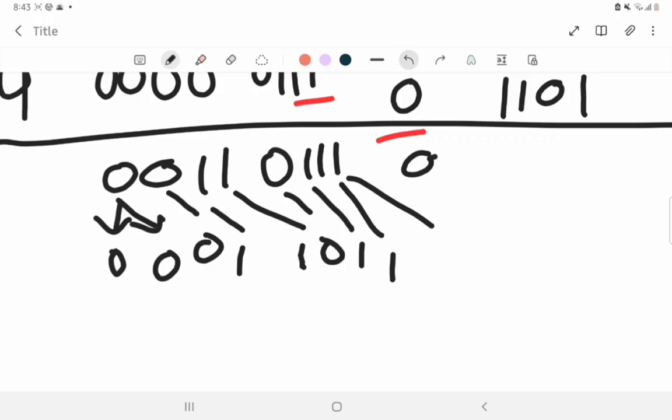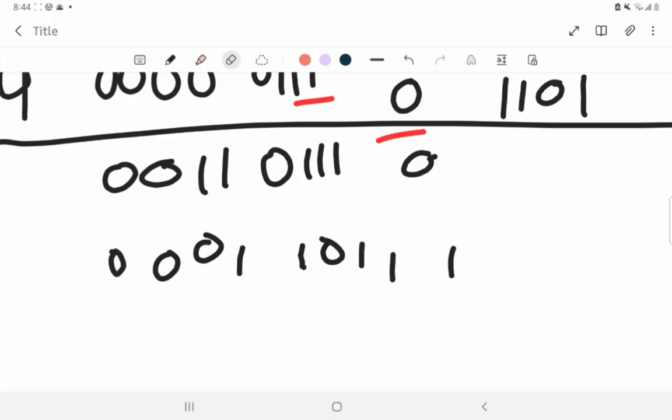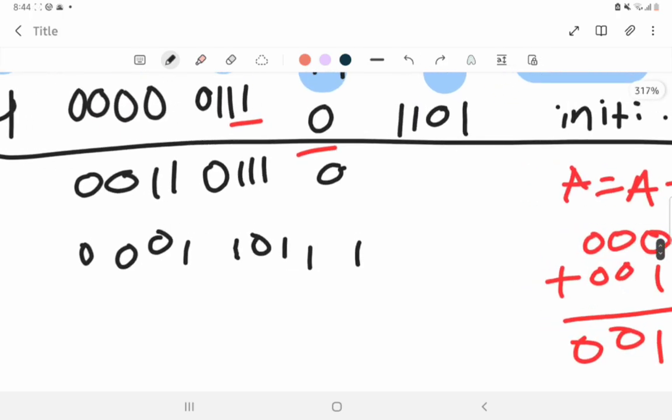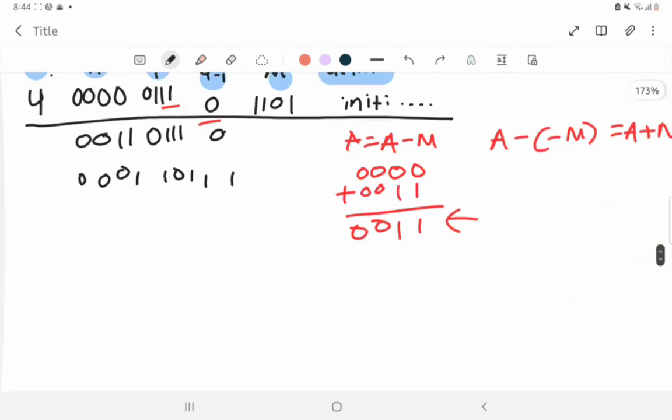Okay, understand that? Just take the previous code of the above value, you put it down here. This is the Q, right? This is Q minus 1, and this is A. Okay, now after you done that, that is the count of 3.